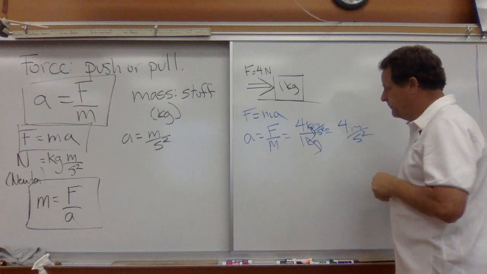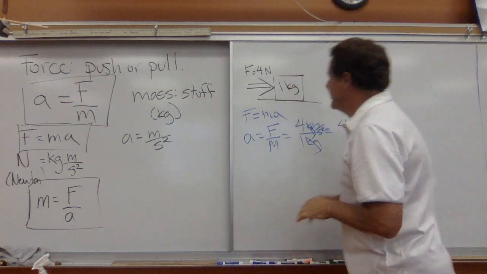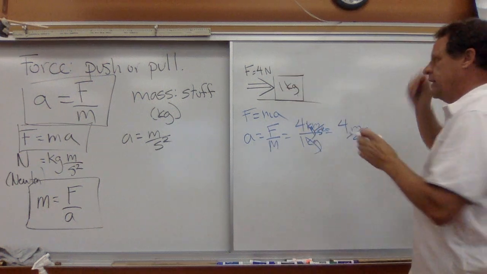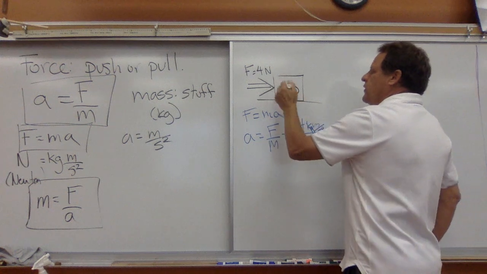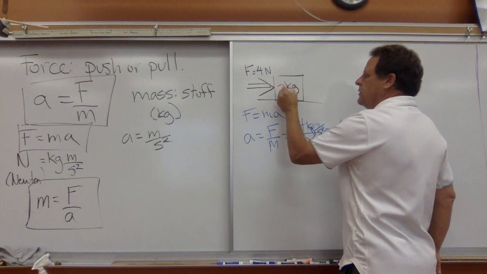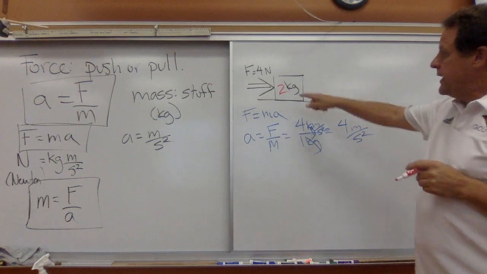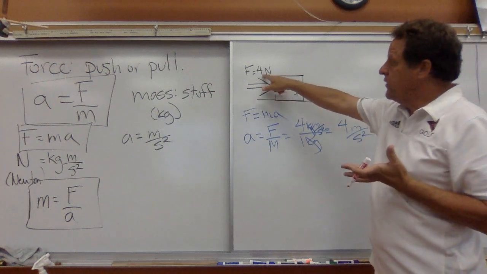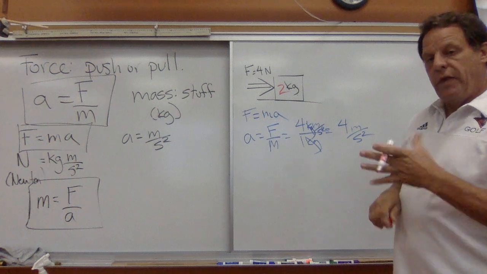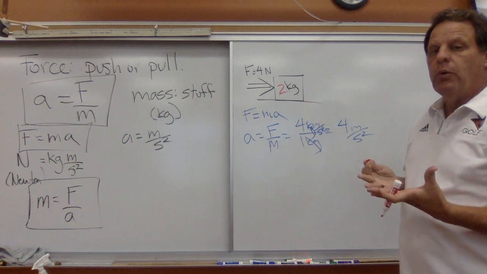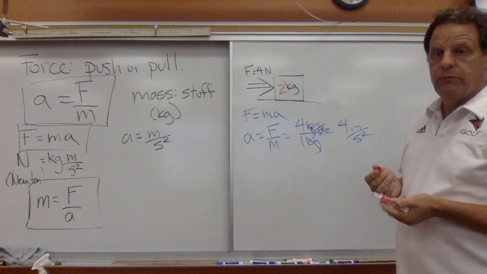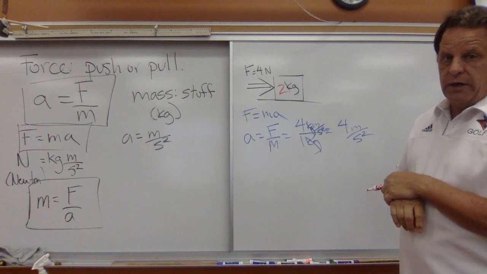All right, let's say that we increase this mass to 2 kilograms. Now, if this was heavier and we had the same force, would that mean it would accelerate more or accelerate less? So think about that for a minute.